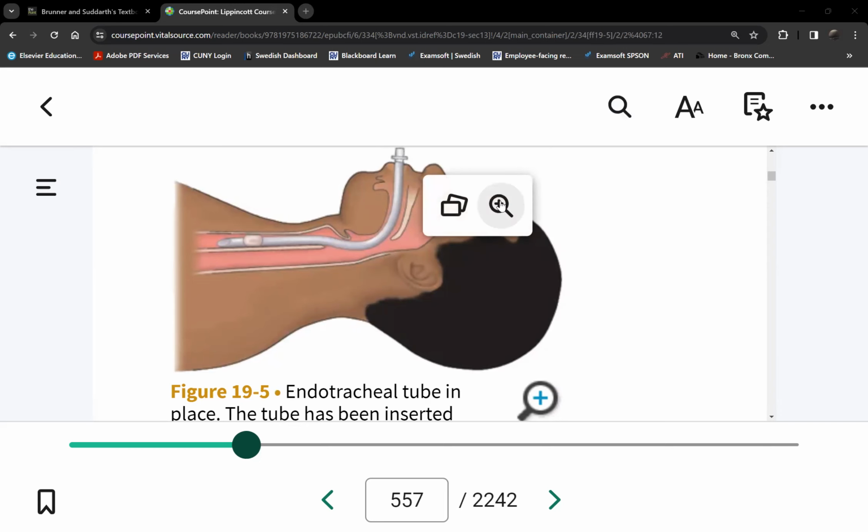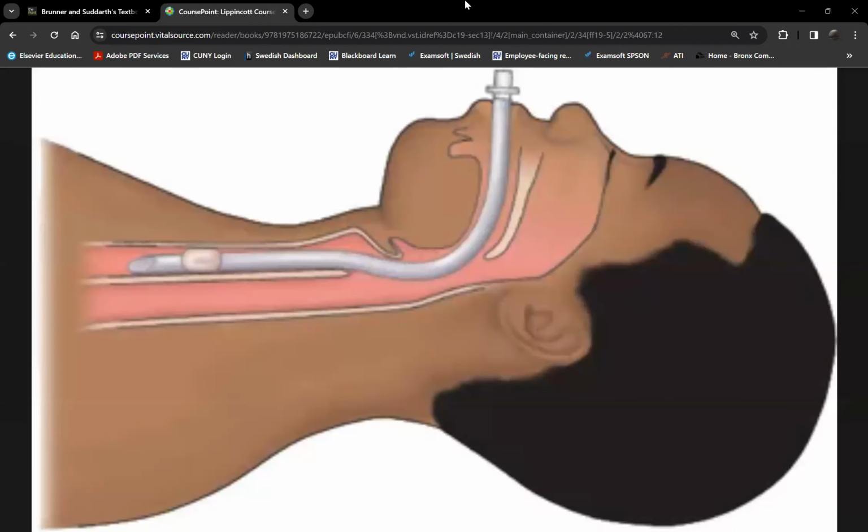Please observe where the endotracheal tube is. We prefer the endotracheal tube because it's the fastest we can insert over a nasotracheal, because a nasotracheal means a smaller tube, because we can't put a big tube into the nostril.